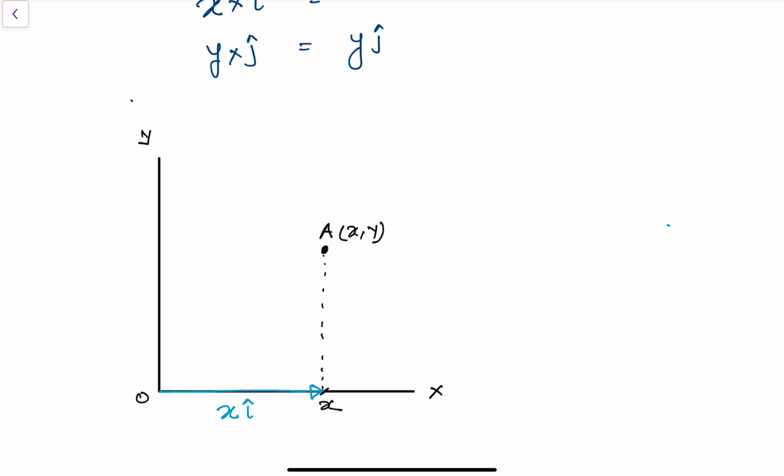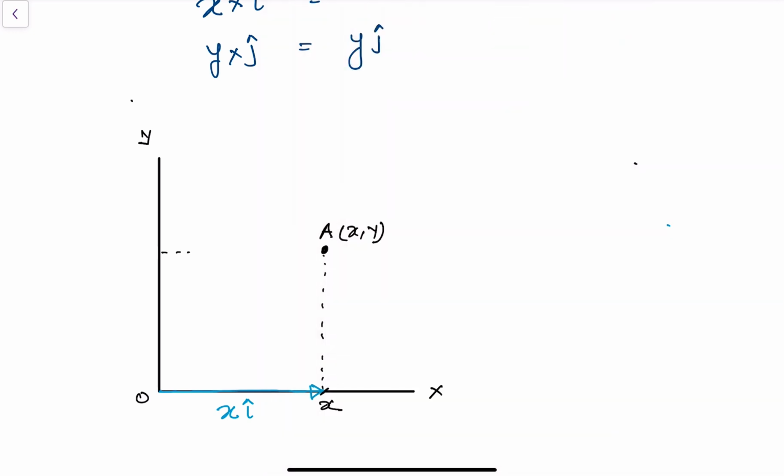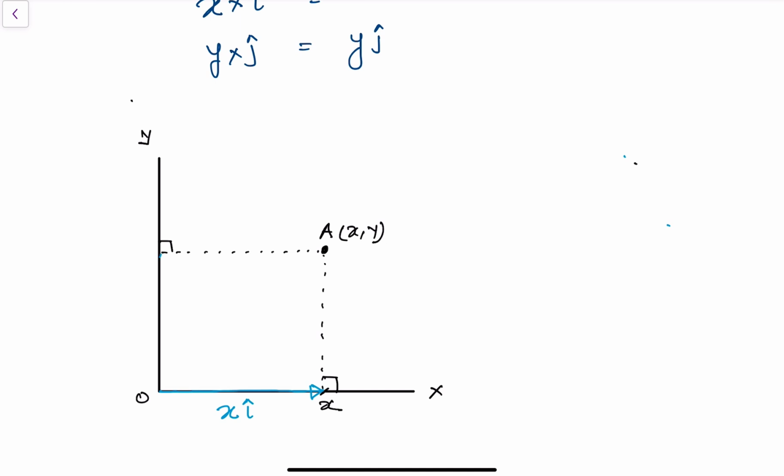Okay. Similarly, if I drop a perpendicular on the y-axis from the point A x comma y, then I can always draw a vector from the origin to this point. Okay, this vector would be y times j cap.